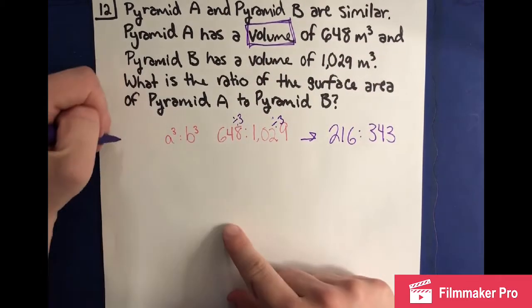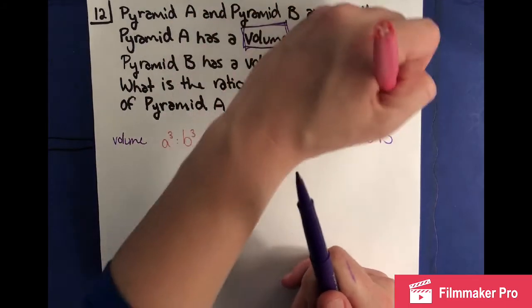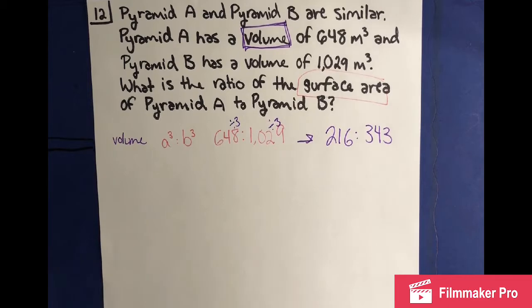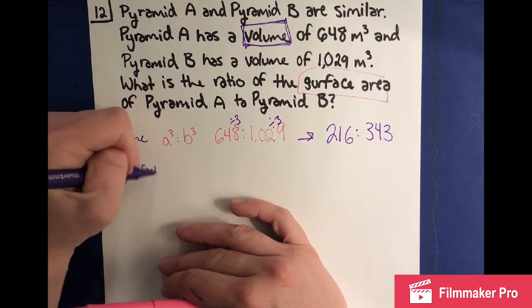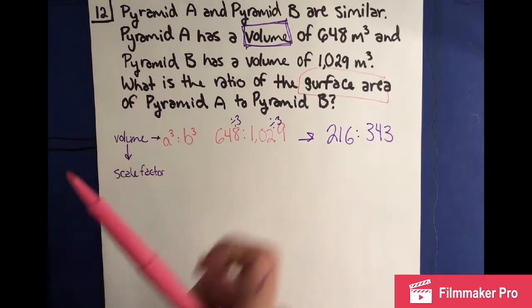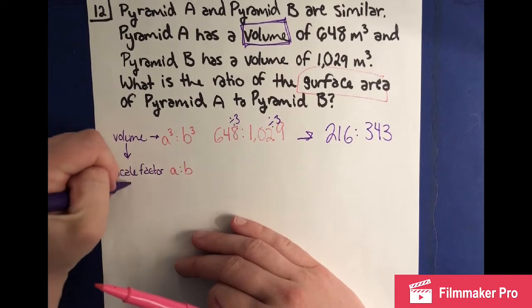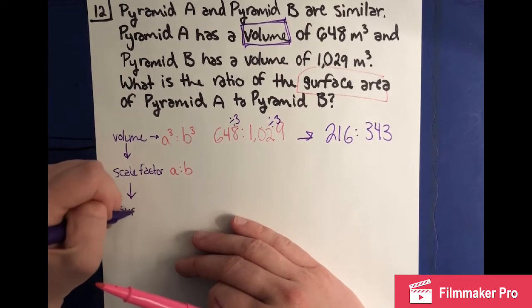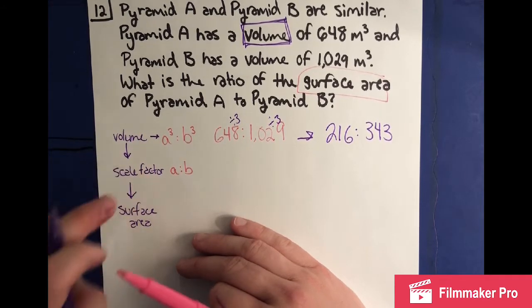Now let's think, this is volume. Okay, what do we want? We want surface area. If you think back to the problems that we did, we can't jump from volume to surface area. We first have to go from volume to scale factor, and then we can go to surface area. So that's its ratio, the scale factor here.